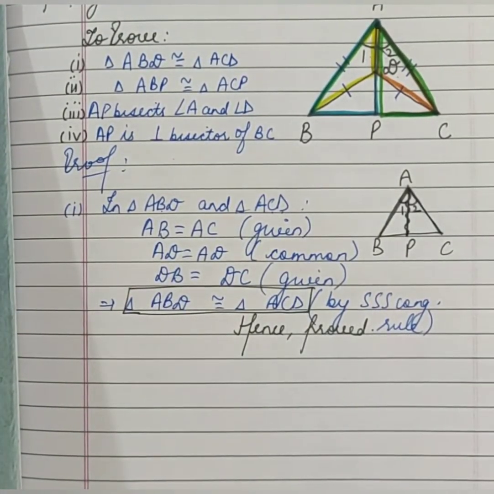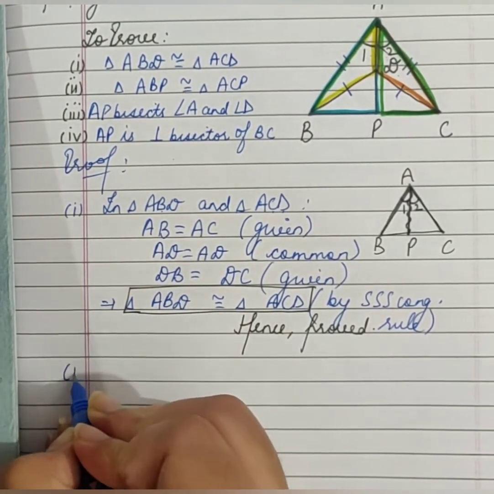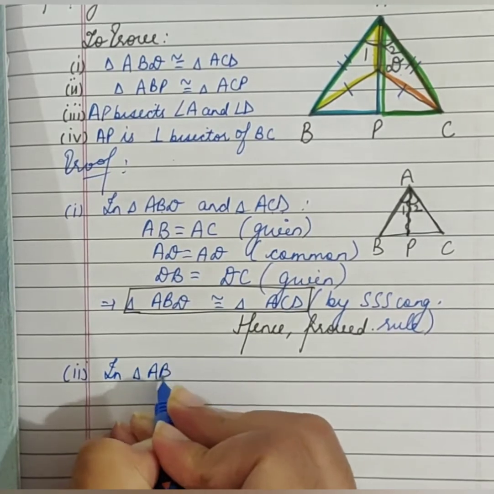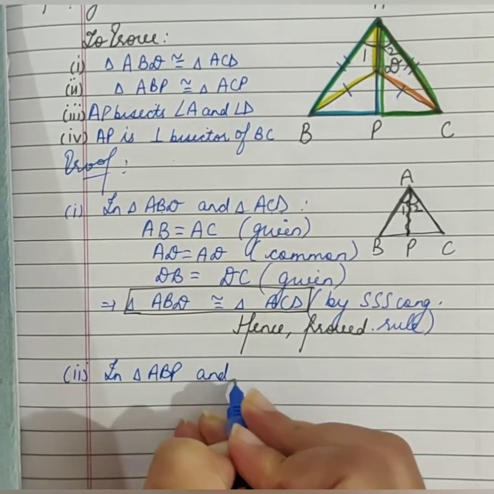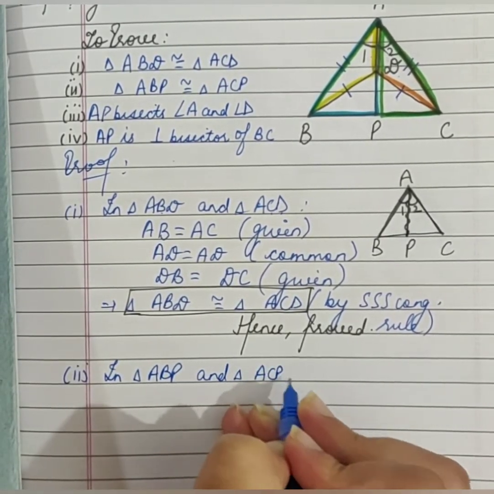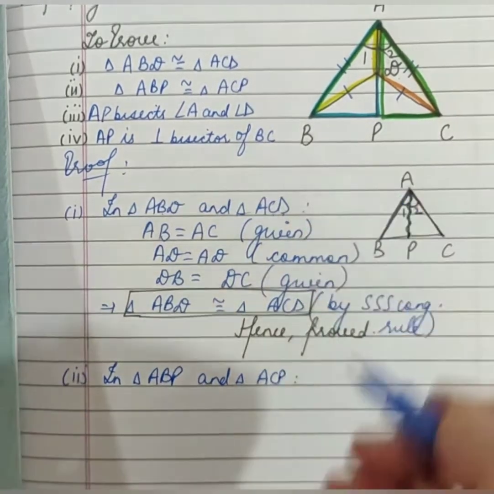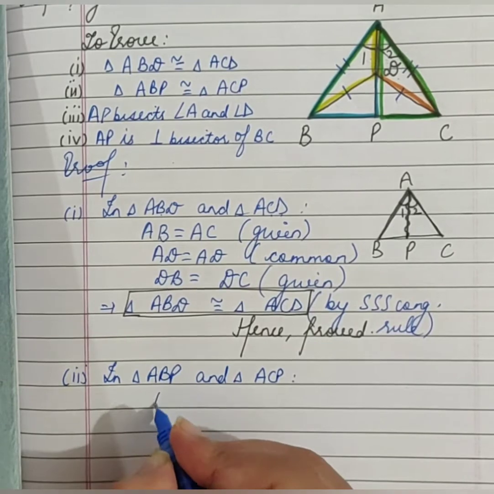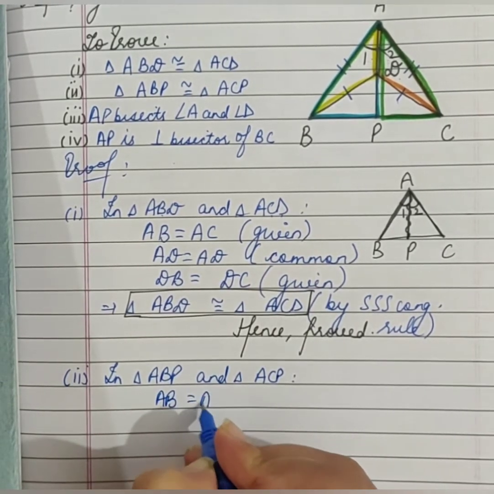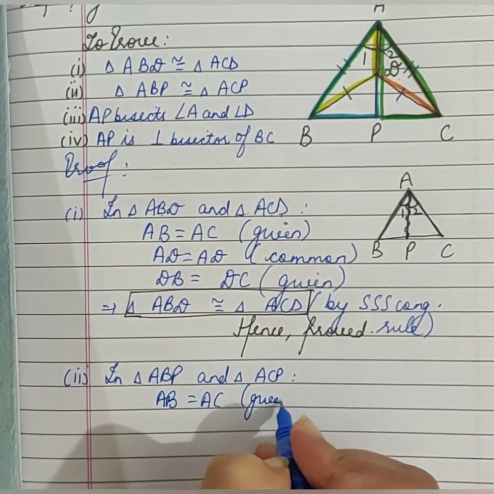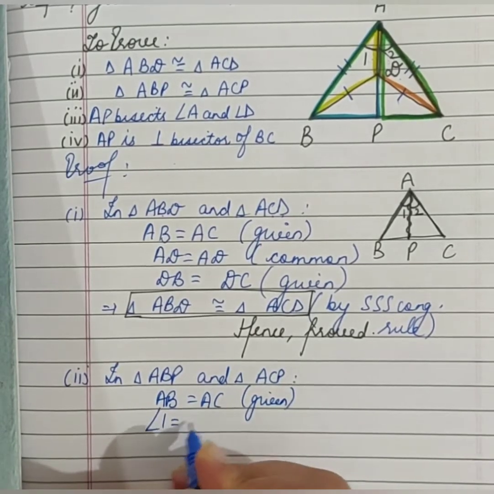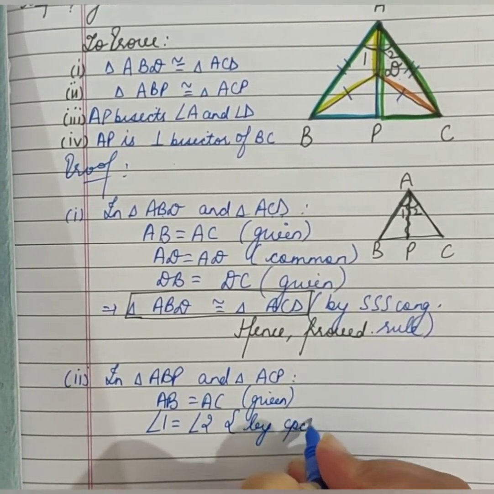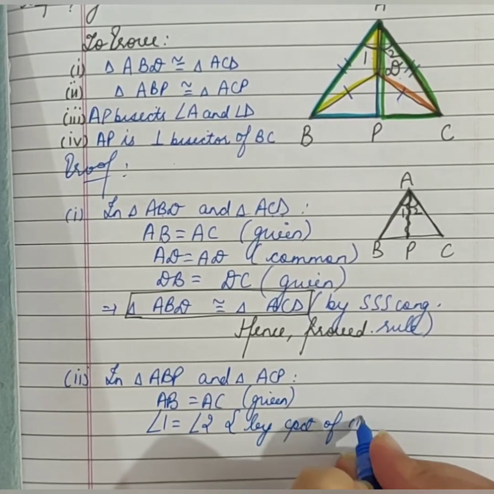Second part. In triangle ABP and triangle ACP, first ABP, we'll write conditions of ABP on the left and ACP on the right. AB is equal to AC, it's given. Angle 1 is equal to angle 2. This is because of CPCT of first part.